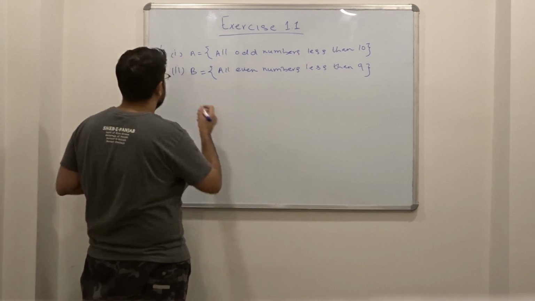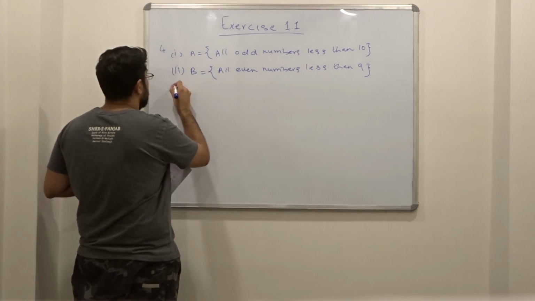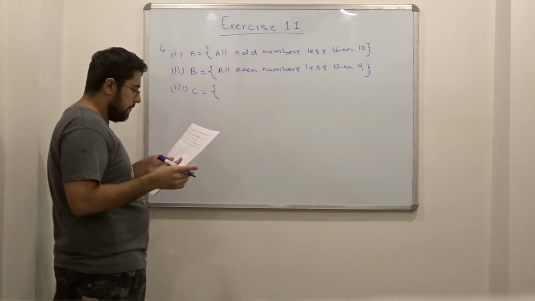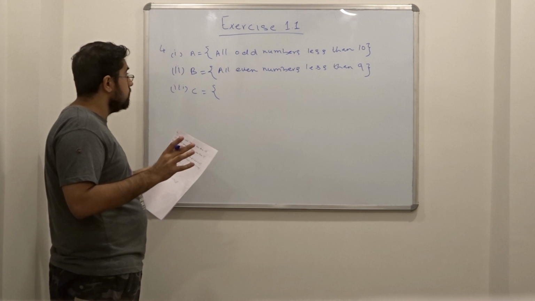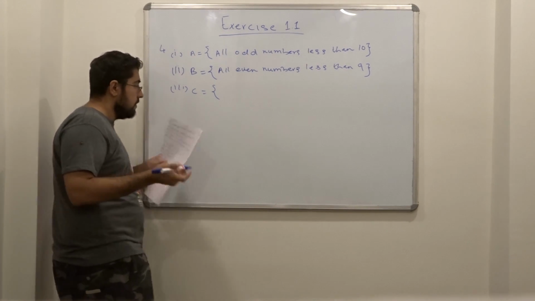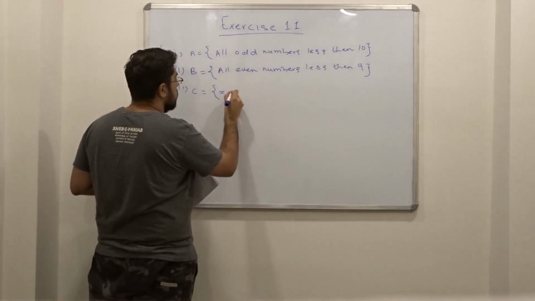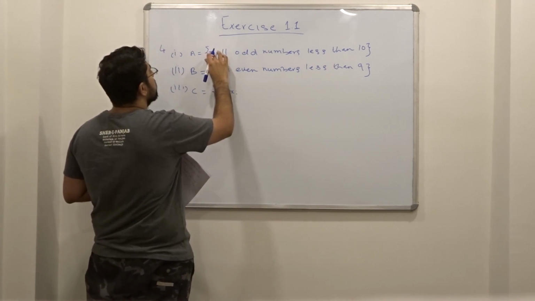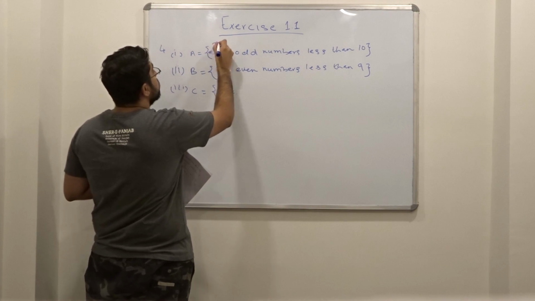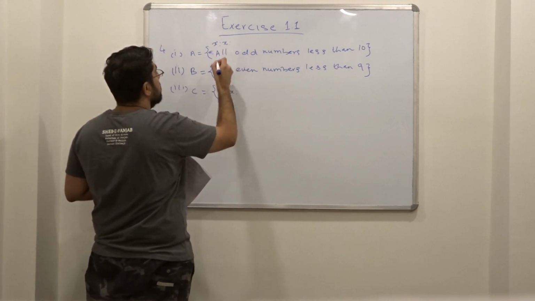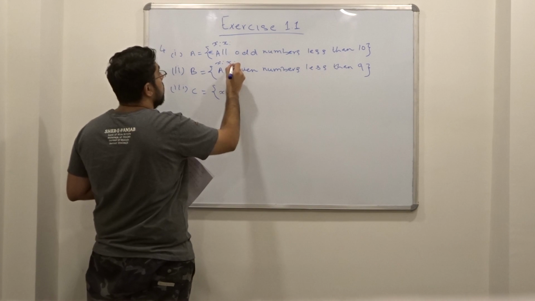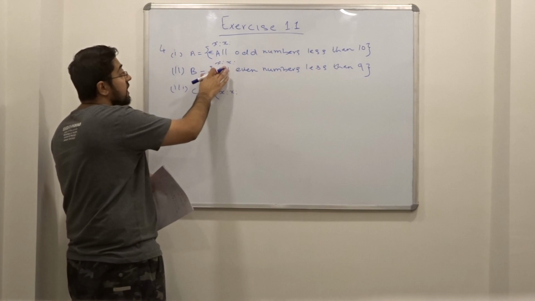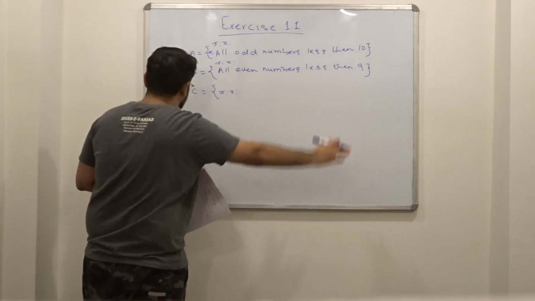Okay, so now the third one. The third one is better if you write it like this. Now there's one thing I just wanted to tell you. You first write this, and then you write the whole sentence, and then again you first write this and then the whole sentence.